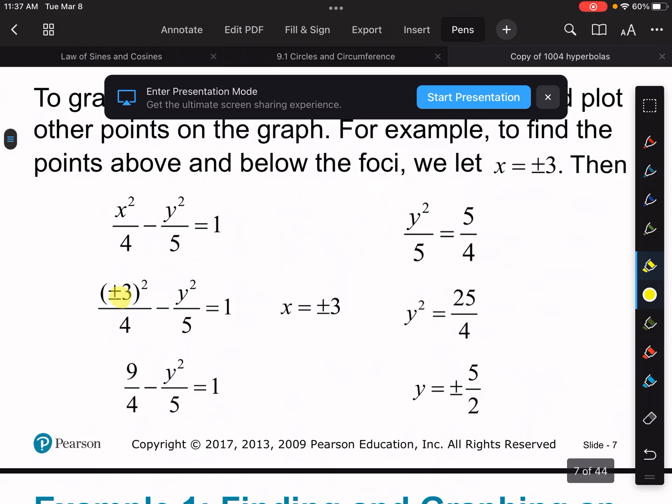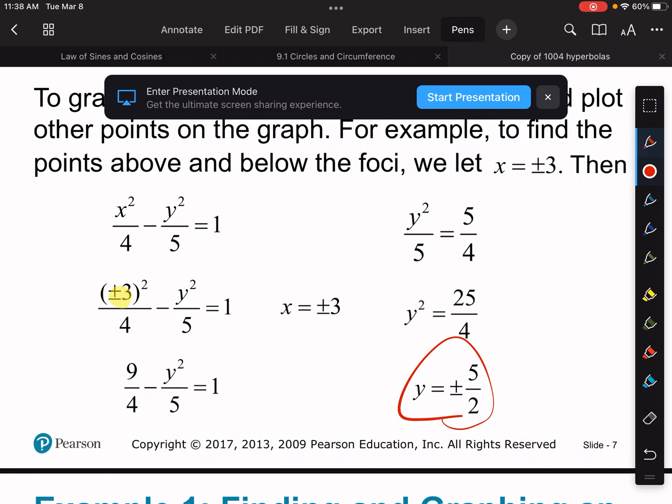They're plugging in plus or minus 3 into this thing to get the points to graph it, right? So when you solve this out, you'll end up with y equals plus or minus, so that's essentially 2.5.